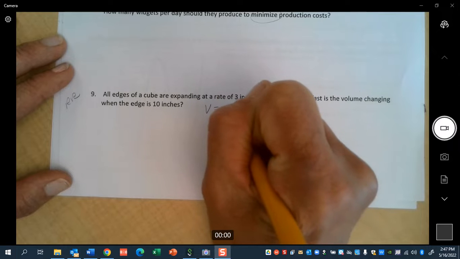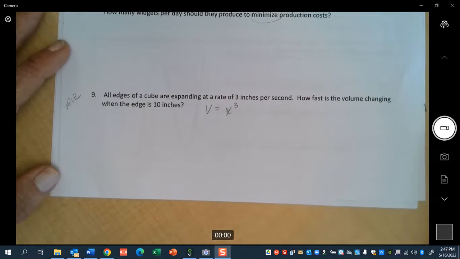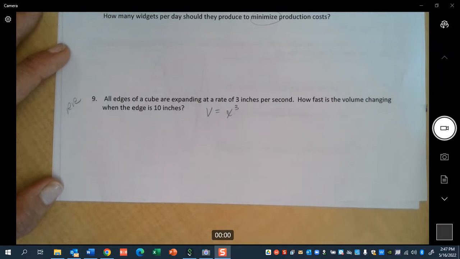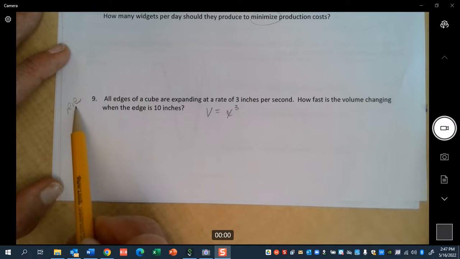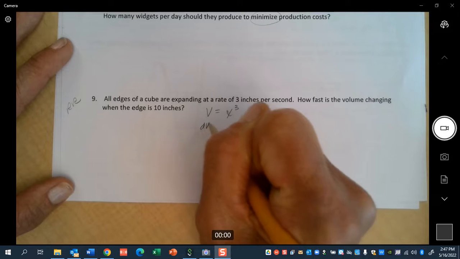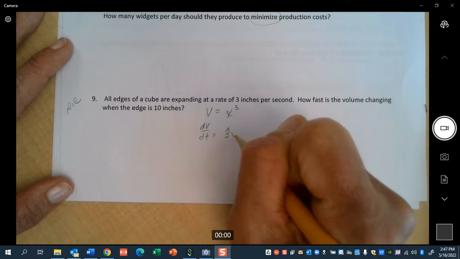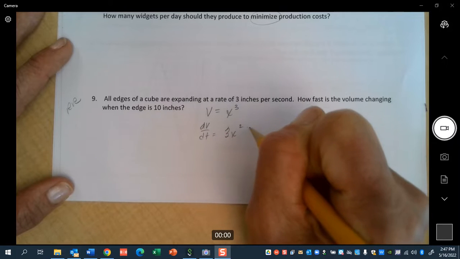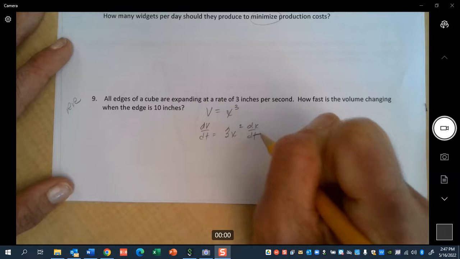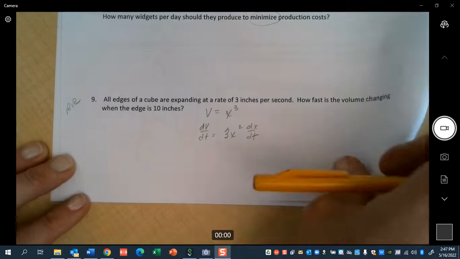My volume is my side cubed. And that's where you're going to take the derivative with respect to time and substitute in those values.